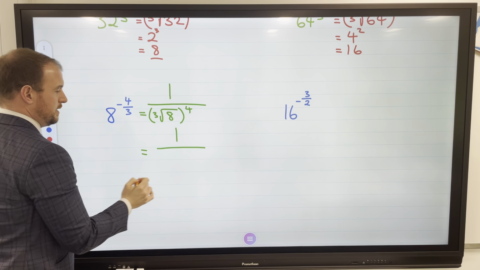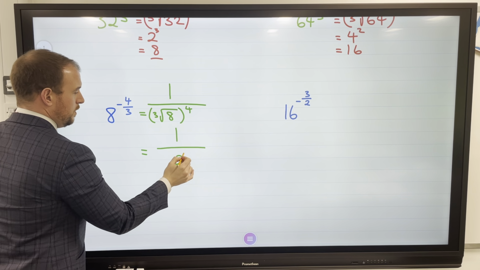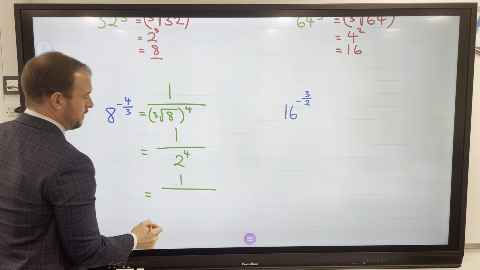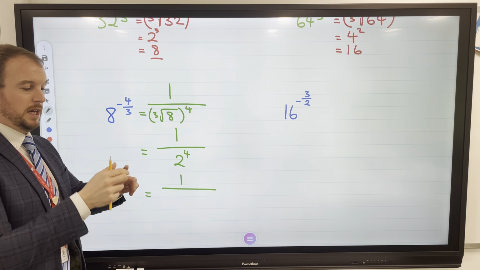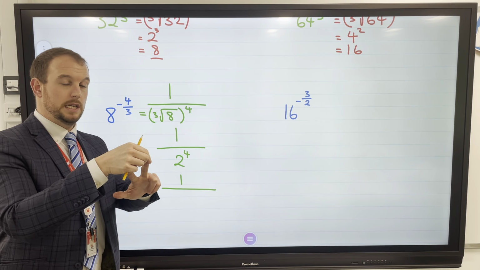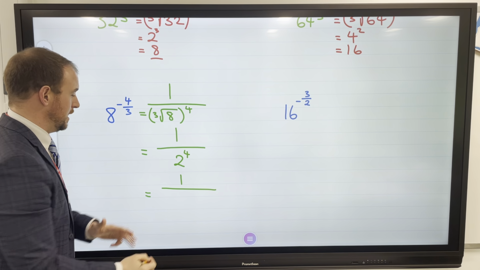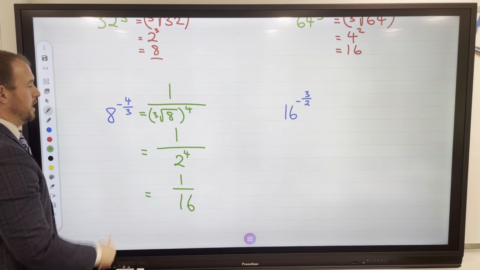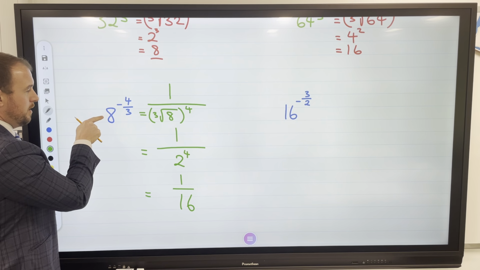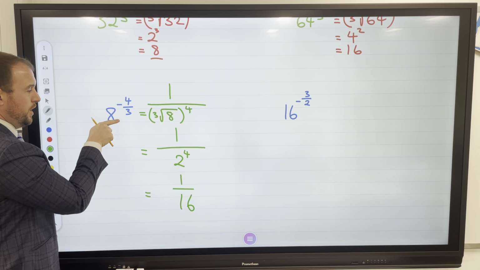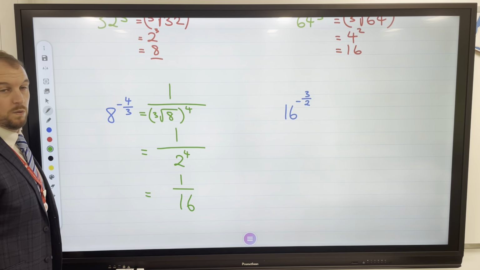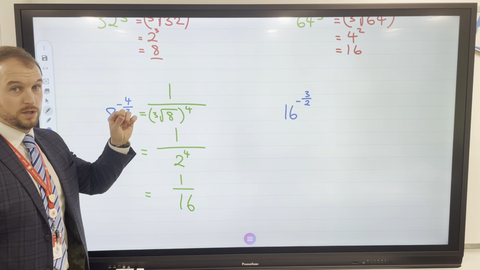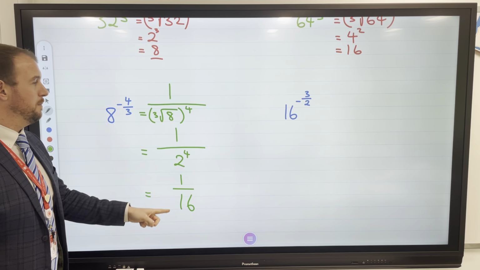Cubed root of 8 is 2 to the power of 4. 1 over 2 to the power of 4. 2 times 2 is 4, times 2 is 8, times 2 is 16. So 8 to the power of negative 4/3 is the same as 1/16. Even though that numerator is bigger, you can still use it by using the powers.